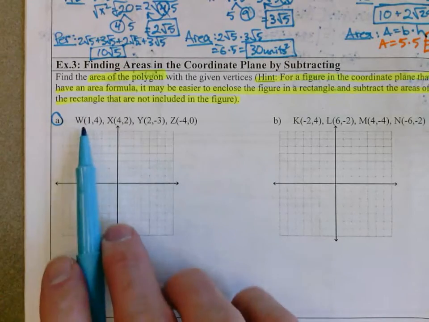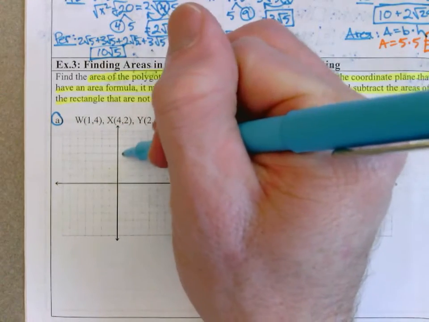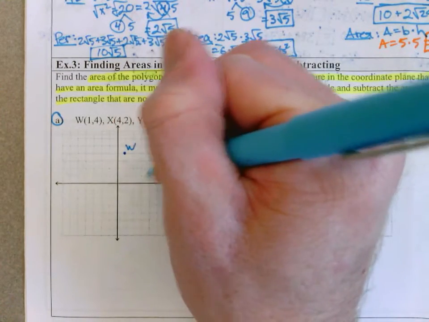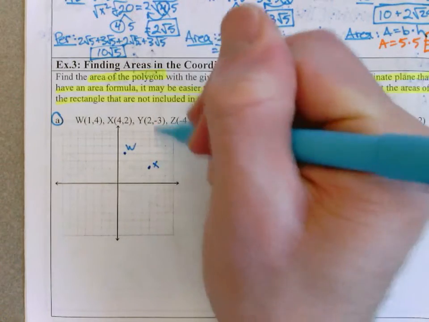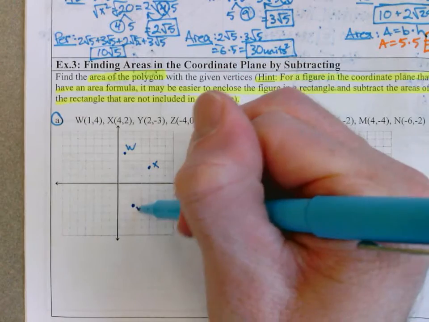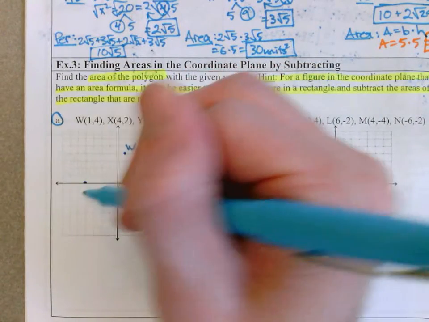First, let's go ahead and plot the 4 points carefully with labels. Got W at 1, 4, X at 4, 2, Y at 2, negative 3, and finally Z at negative 4, 0.